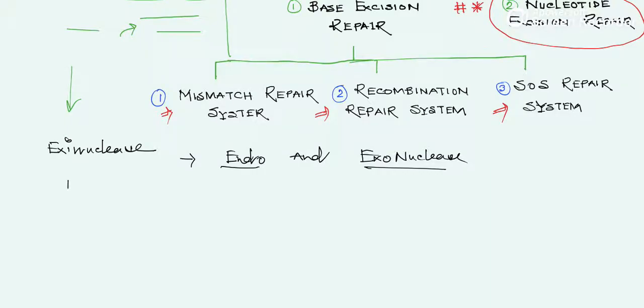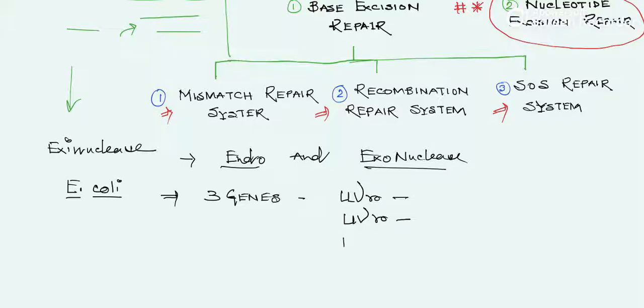If you look at the process in E. coli, the nucleotide excision repair pathway requires the products of 3 genes, the 3 UVR genes.